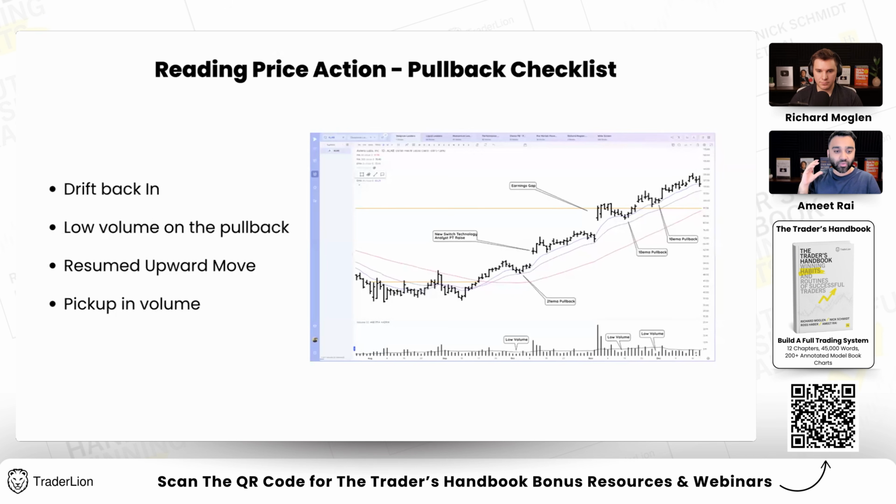Having that at the back of your head while something is pulling back is helpful, and it allows you to interpret the price action the right way rather than panicking and thinking, okay, I was up 10%, I've given back 4.5% already, I don't know what's going to happen. You sell it the next day, it keeps going, and then you're in a bad situation where you're buying where you're not supposed to, selling where you're not supposed to, and you create a whole mess for yourself.